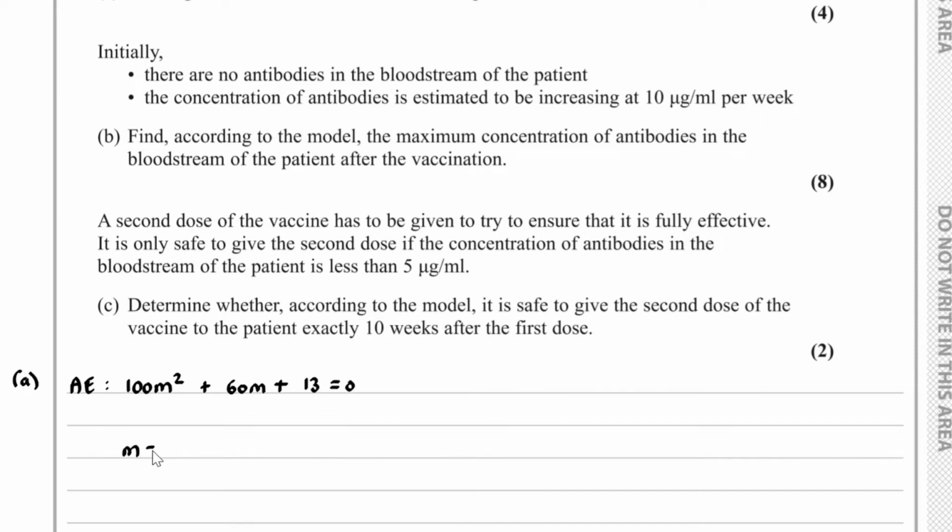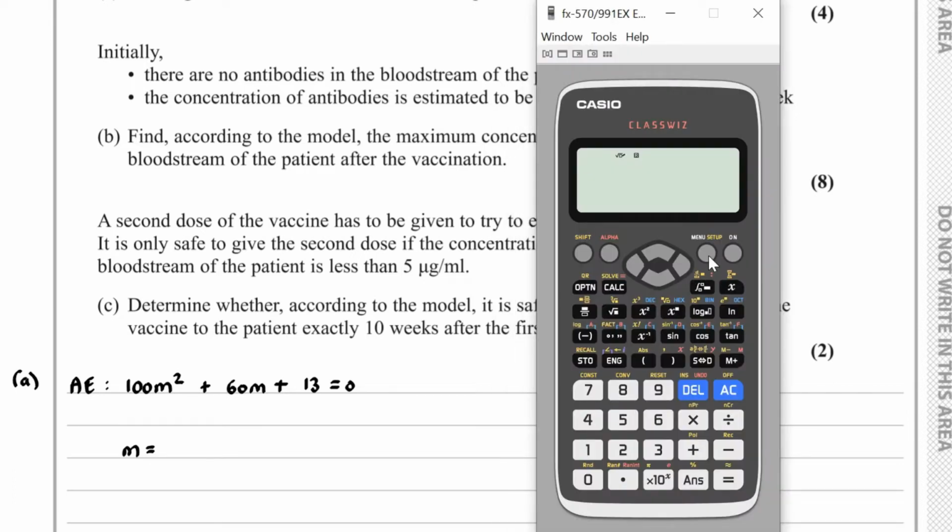And if we solve for m using our calculator, we enter in the coefficients 100, 60 and 13. It turns out we get minus 0.3 plus minus 0.2i.